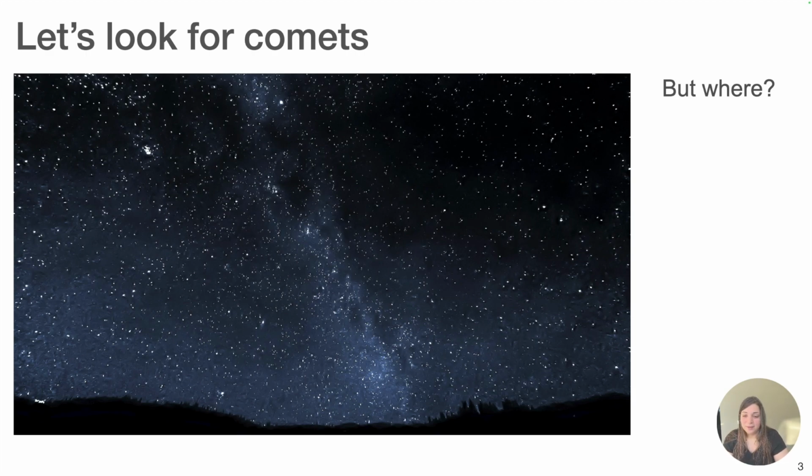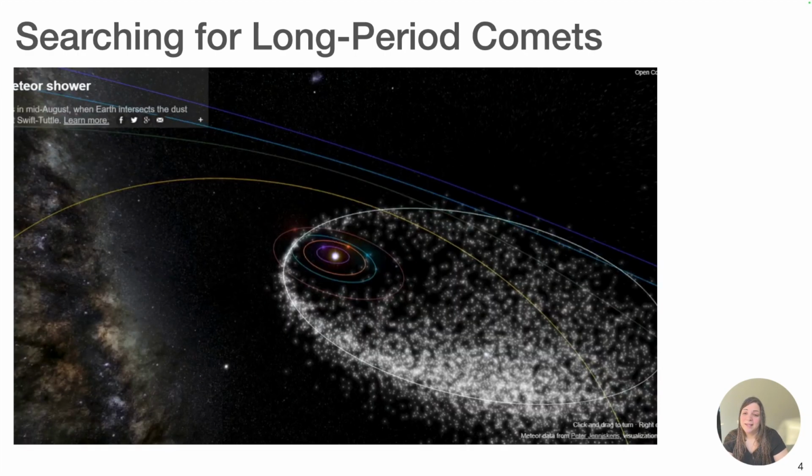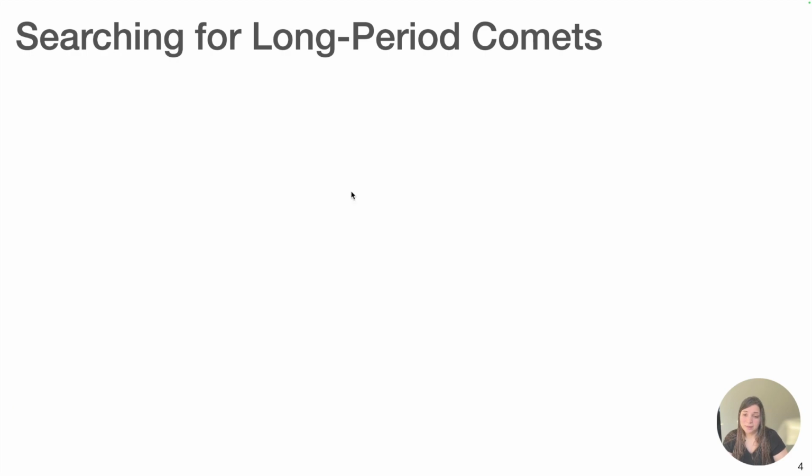And as you know, space is a big place. We know that when comets start coming close to the sun, they start ejecting some of their matter because of the high temperature of the sun.